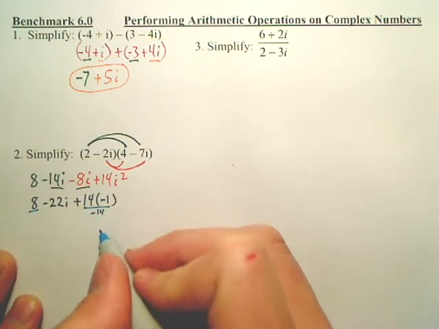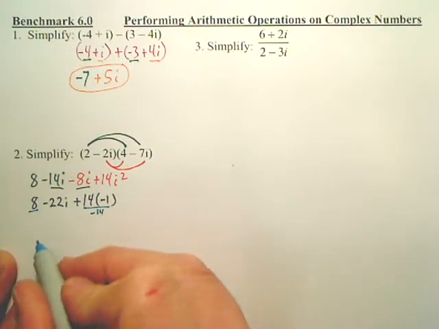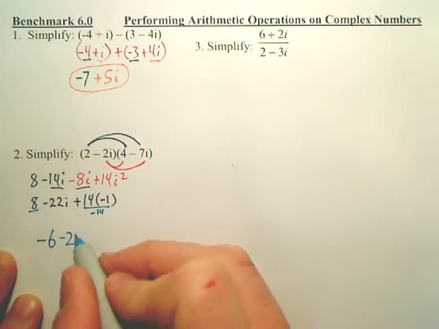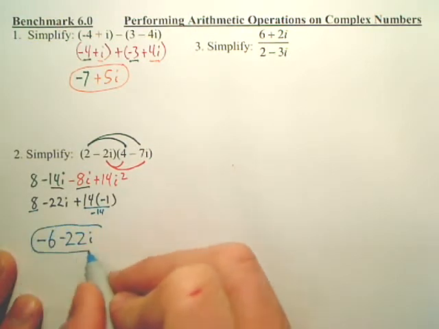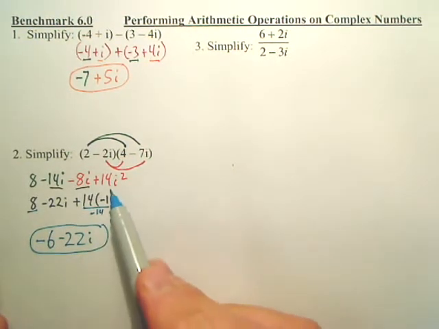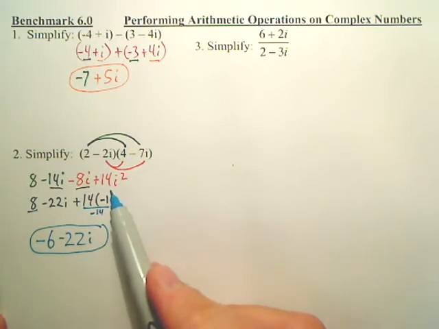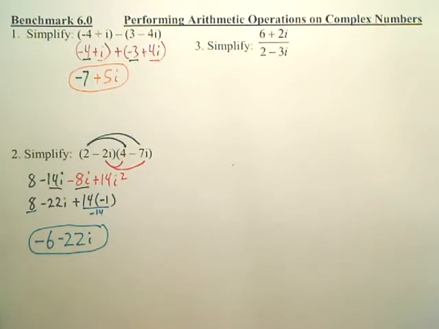Remember, that's negative 14. So 8 and negative 14 gives you negative 6. And then you have the minus 22i. Remember, your final answer should not have i squareds, because i squared equals negative 1. That's kind of the extra trick to it.